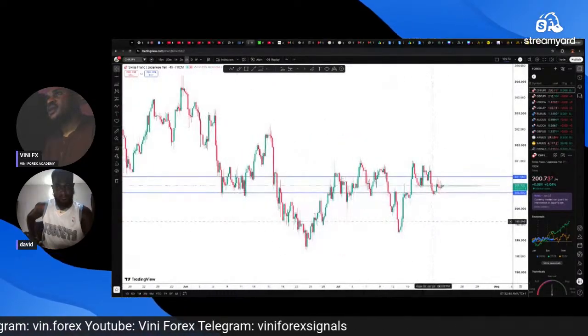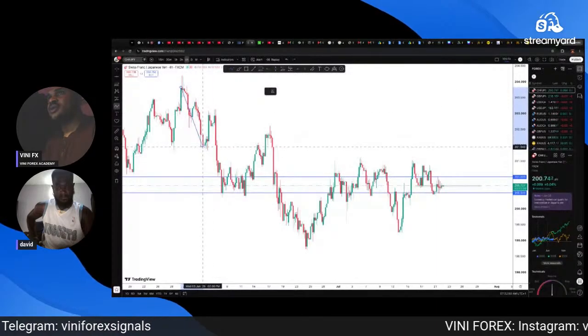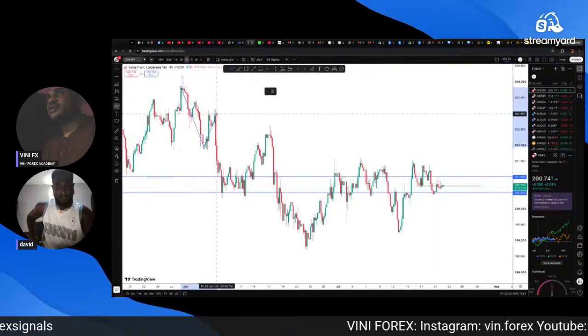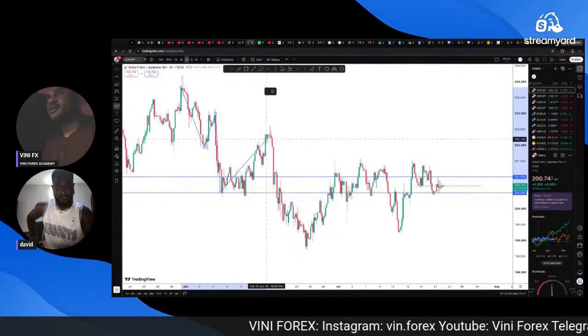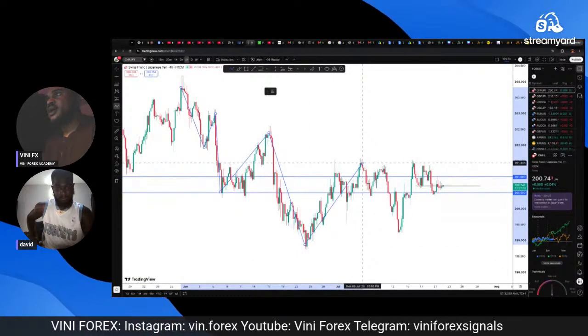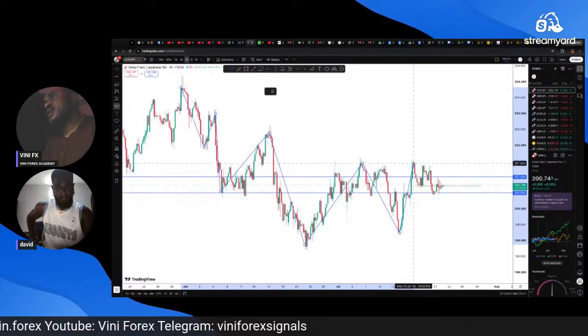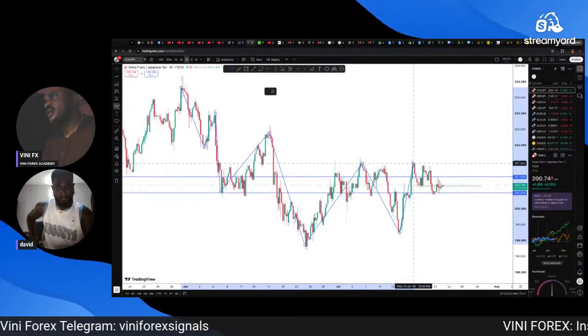Even at that, this market was already on a downtrend. The main trend is a downtrend. This is a low, a lower high, a lower low, a lower high, a lower low, then a lower high, and then a higher low, and then an equal high right here.